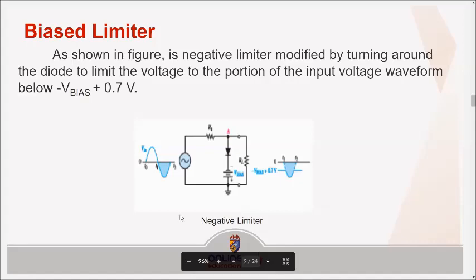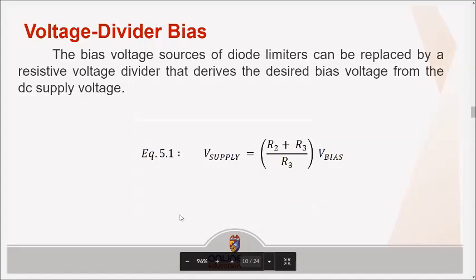Okay, how about voltage divider bias? What is its function or its application? The bias voltage source of diode limiters can be replaced by a resistive voltage divider that derives the desired bias voltage from the DC supply voltage.